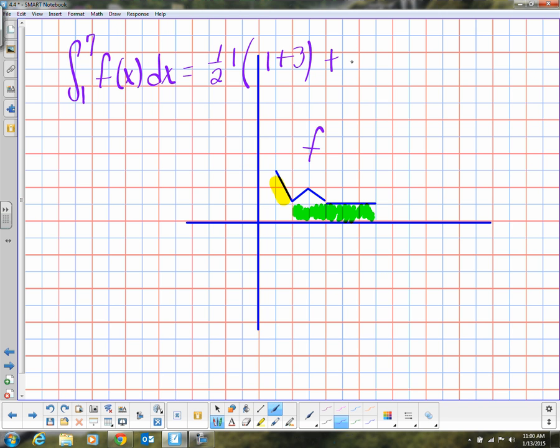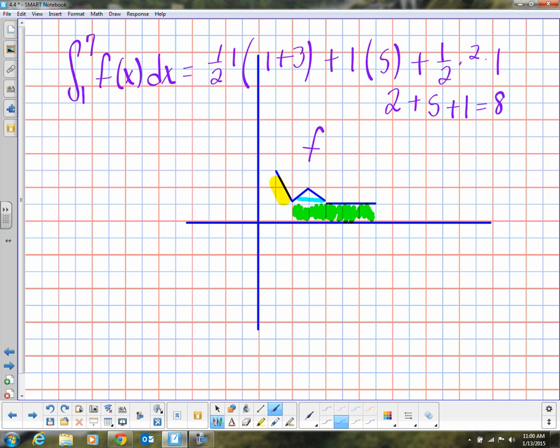Rectangle plus what? 1 times 5, and what are we missing? We're missing the triangle. So if I look at this triangle, that's going to be half what? 1/2 base times height. So that's half of 4, which is 2, plus 5, plus 1, 5, 6, 7, 8.